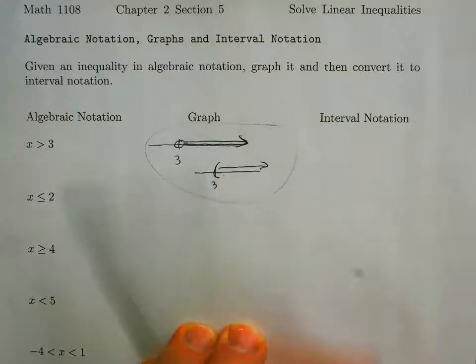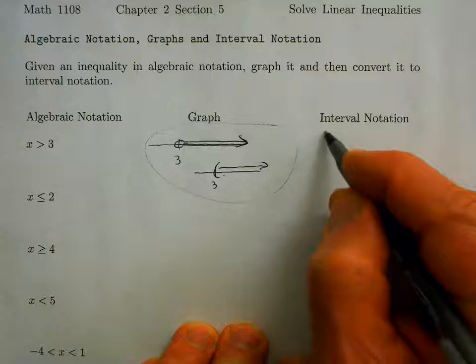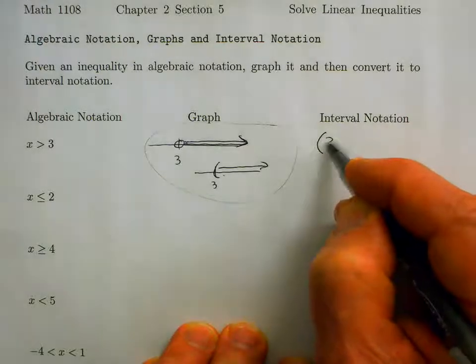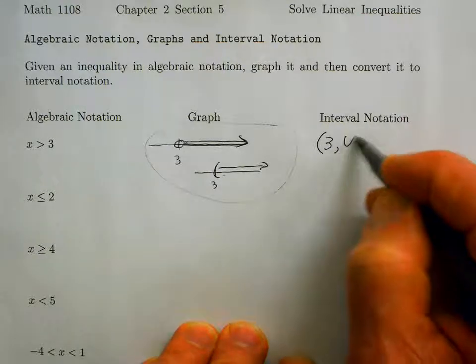So if x is greater than 3, we put a parenthesis that opens to the right, write down the number 3, and then a comma, and then positive infinity.